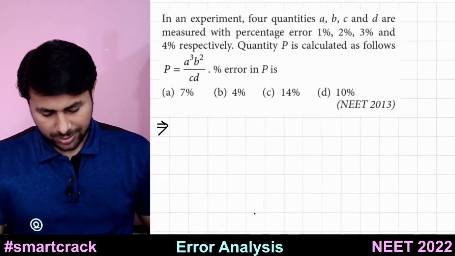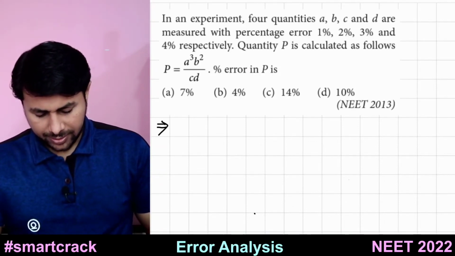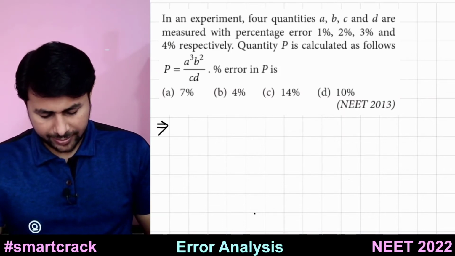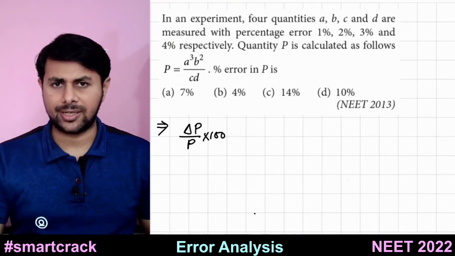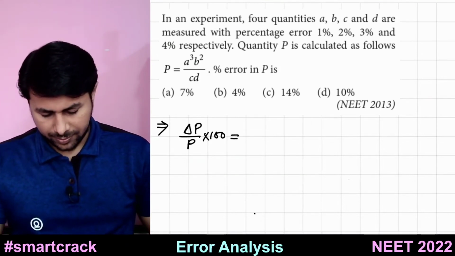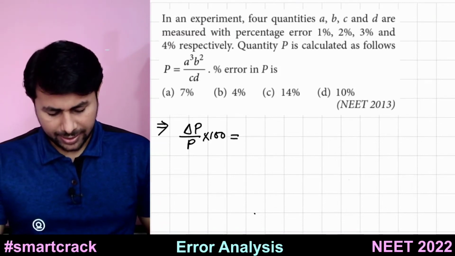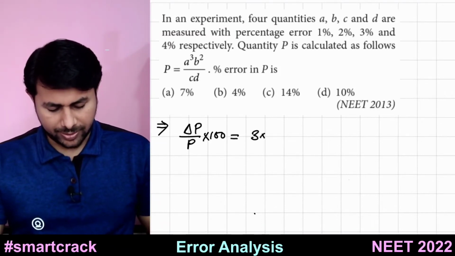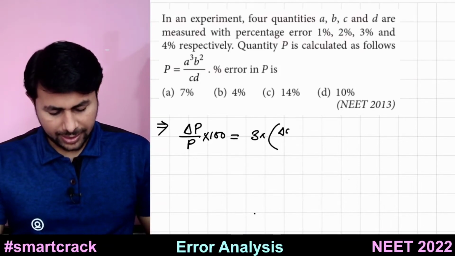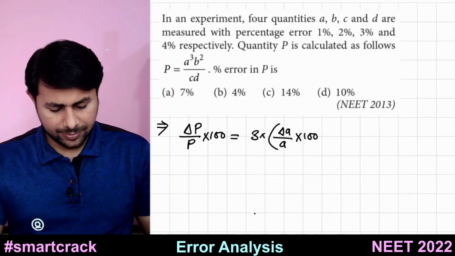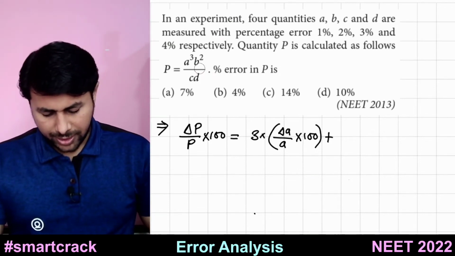Okay. So we know P is equal to this. So we can write down that delta P upon P into 100, this is percentage error in P, it's equal to, it is A to the power 3. Okay, and that's why it should be 3 times of the percentage error in A, which is delta A upon A into 100 plus, it is B raised to 2 here.